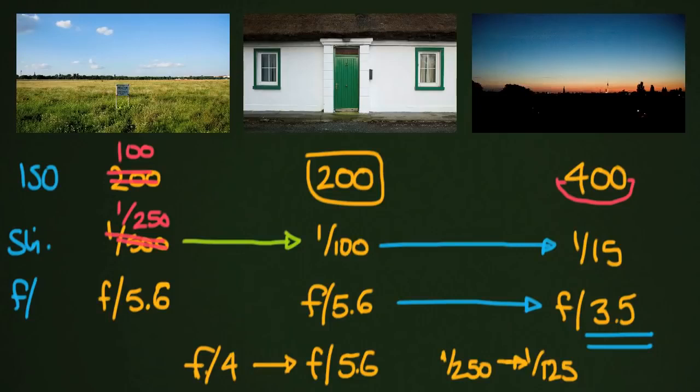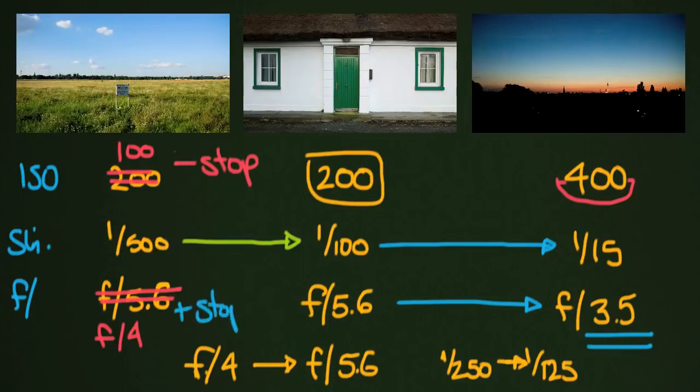Say you were not to double the amount of time that you need, you would have to add more light, so you'd have to move this to f4. So you've moved one stop here, so we've got minus one stop. So now we need to add a stop somewhere else, so we've added our stop here.